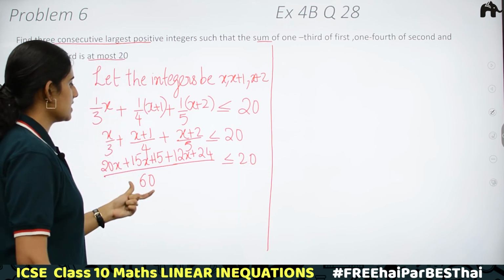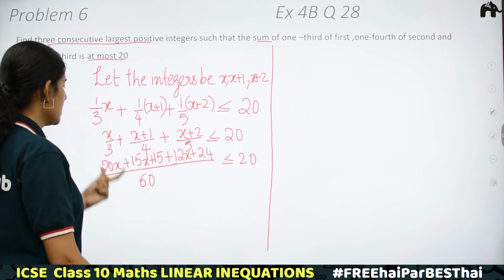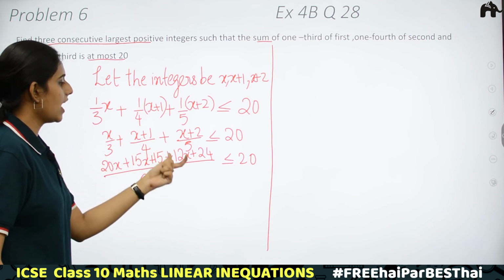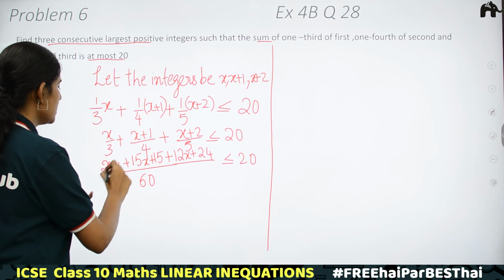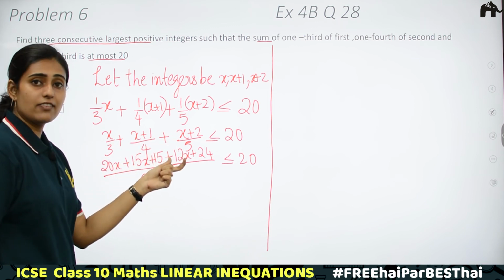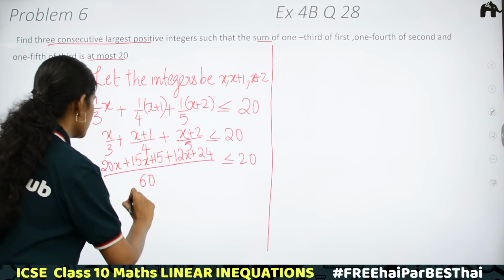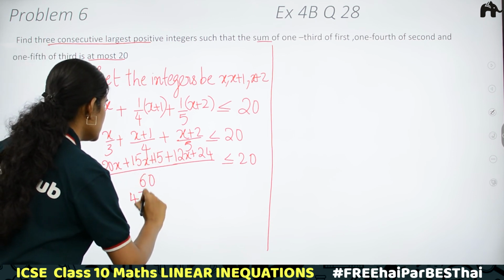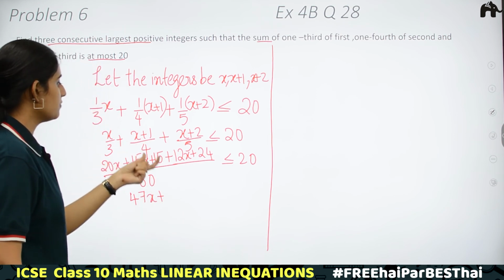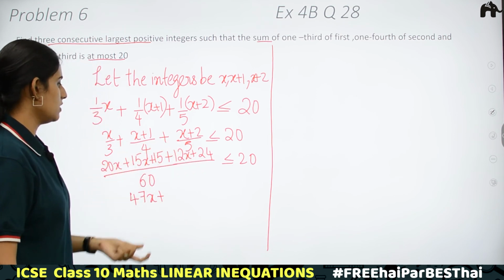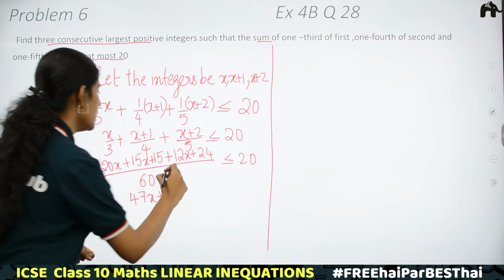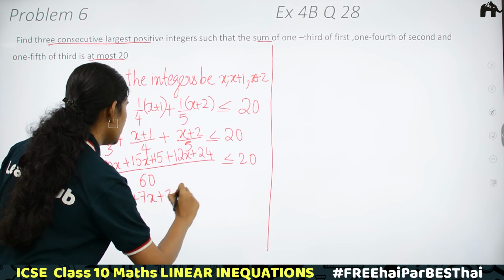Now shifting the 60 to the opposite side and adding them. That is, we have 20x, 15x and 12x. 20x plus 15x is 35x. 35x plus 12x, you will be getting 47x. Plus, we have 15 and 24 as constants. 24 plus 15 is equal to 39.